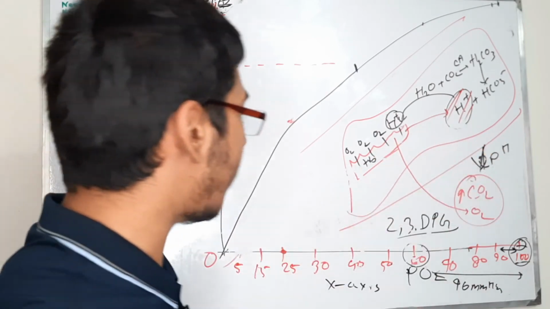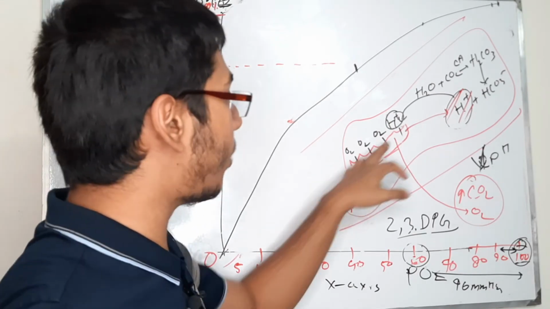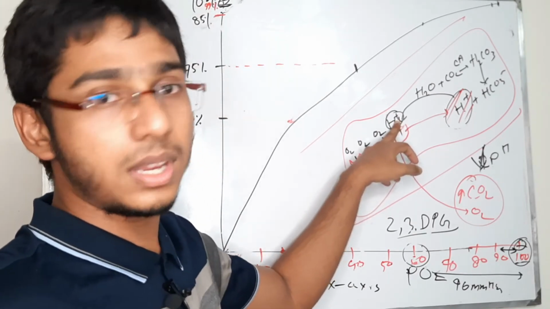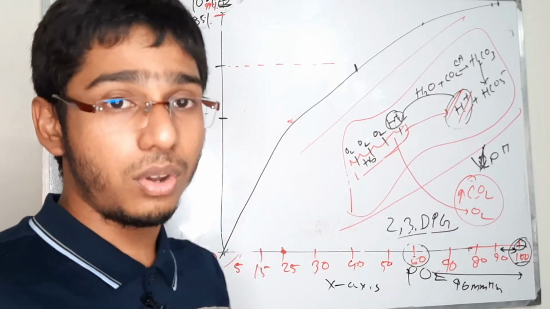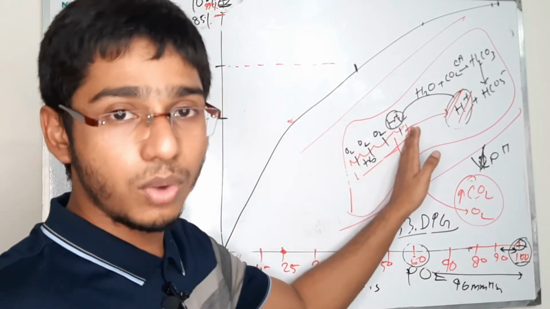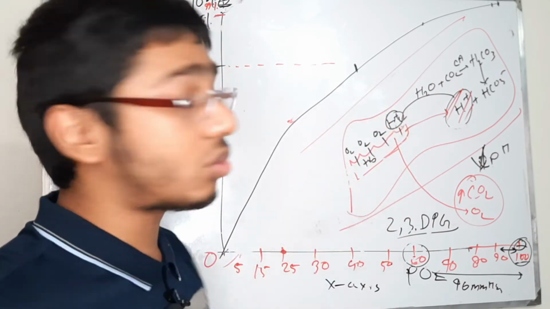Now hemoglobin remains strongly associated with the newer substances and it becomes weakly bound with oxygen. So it loves to associate with the newer wives and it loves to dissociate from its previous wife. So it becomes a strong dissociator.